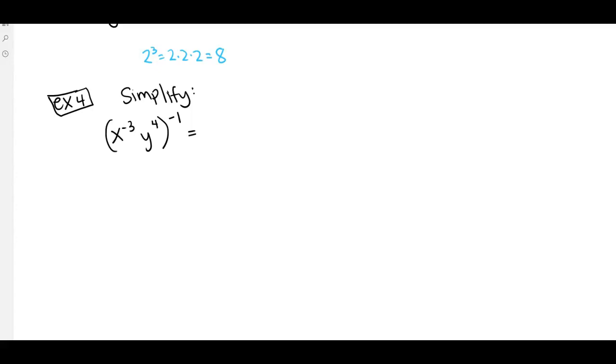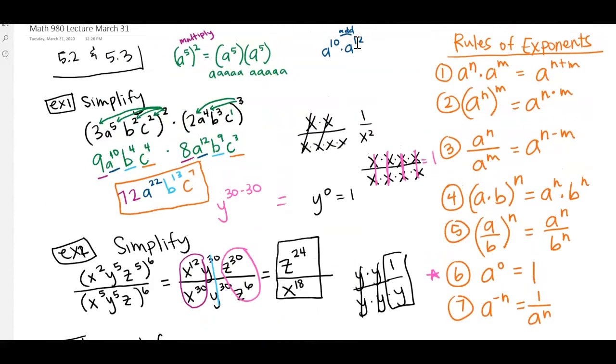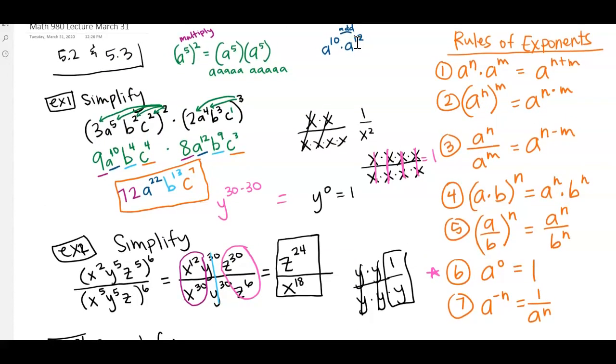More than one right way to work it. So don't be stuck going, I don't know if I'm doing this the right way. Try something. Use those rules of exponents.